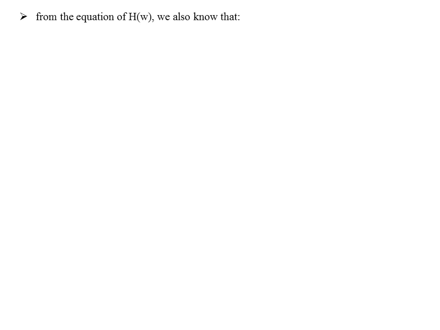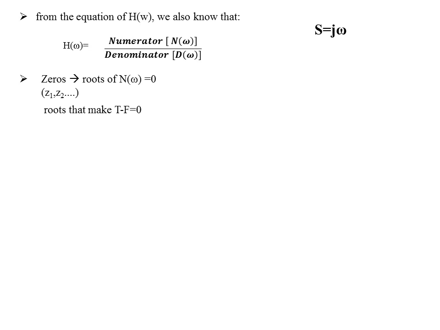From the equation of H(ω), the transfer function, we also know that it is numerator N(ω) over denominator D(ω), and we know that s is equal to jω. Thus, roots of N(ω) are also noted as zeros, or roots that make the transfer function zero.